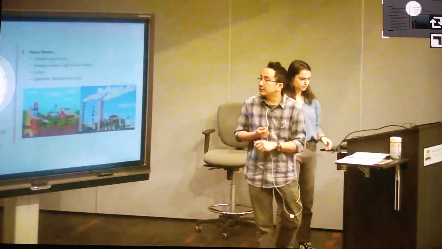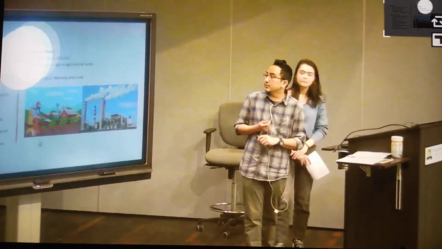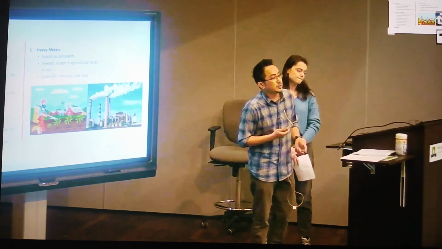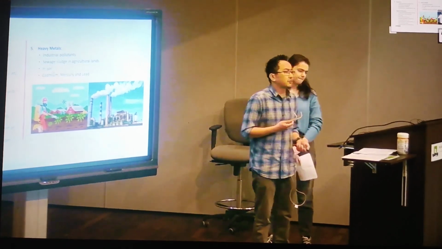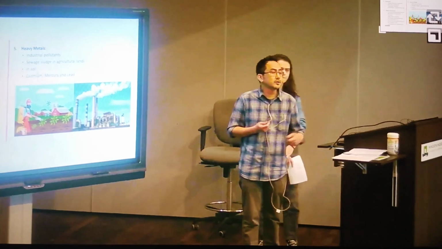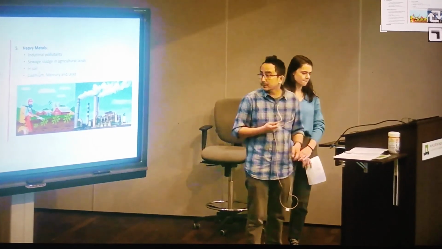Lastly, it is the heavy metals. It results mainly due to the industrial pollutants. The sewage sludge which enters the agricultural farms is also one of the main reasons these contaminants will be present in the milk. Some examples of these heavy metals are cadmium, mercury, and lead.